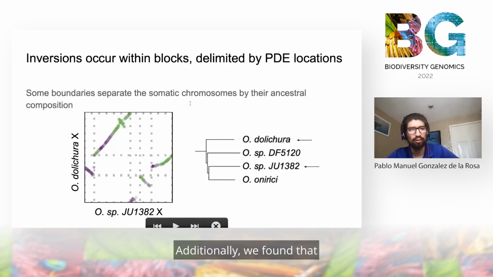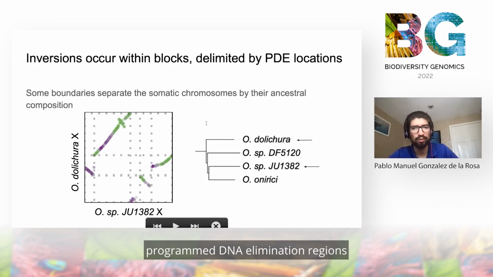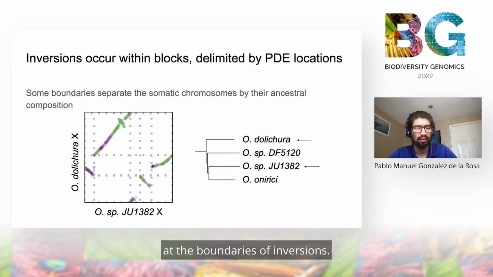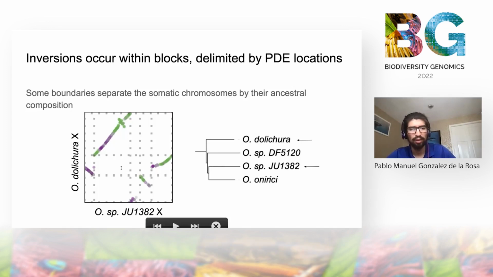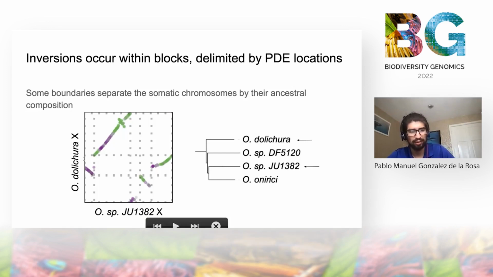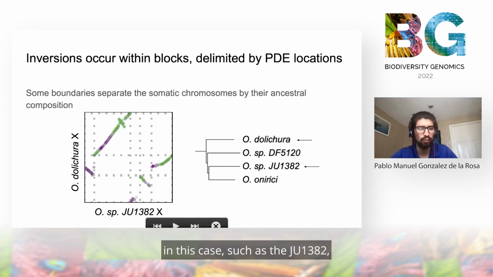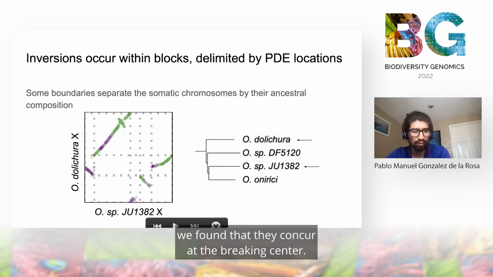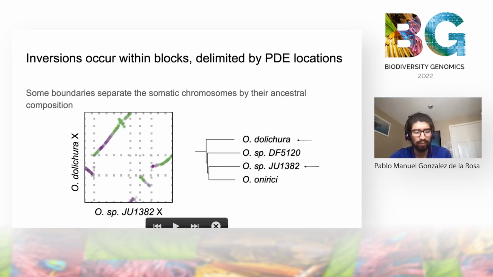Additionally, we found that programmed DNA elimination regions have a surprising correlation with the boundaries of inversions. When we compare the gene order between different Oscheius, in this case such as the one from JU1382, we found that they co-occur at the breaking synteny.